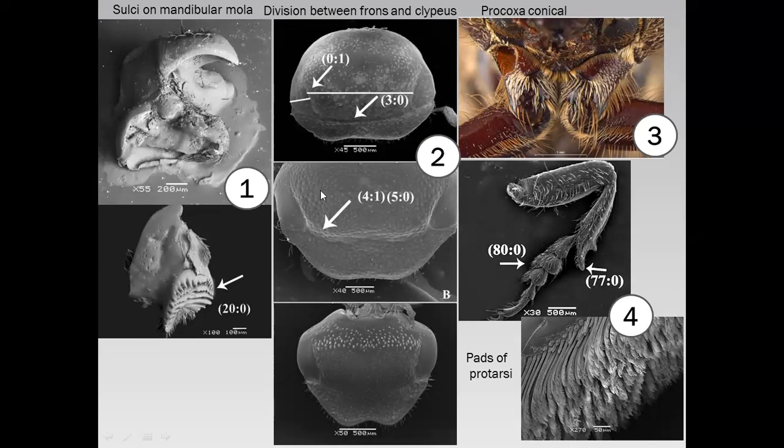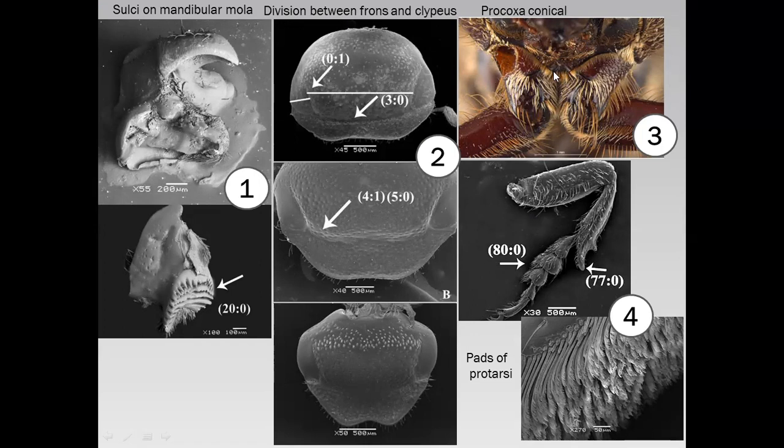Other synapomorphies that support the Diplotaxini are the line or division between the frons and clypeus, which can be complete in the case of Apogonia and many species of Diplotaxis, or incomplete or almost absent.